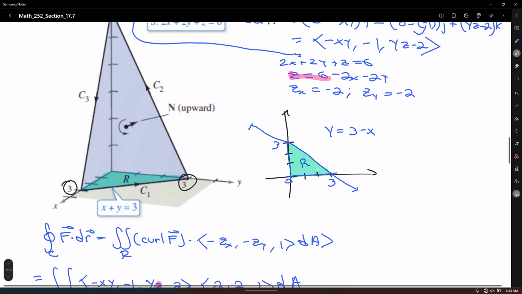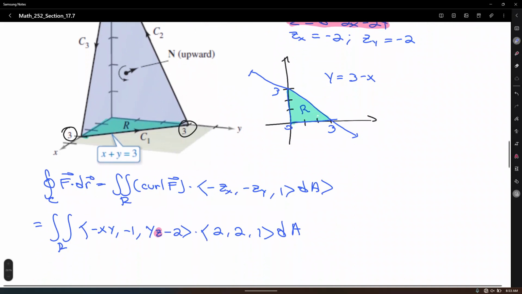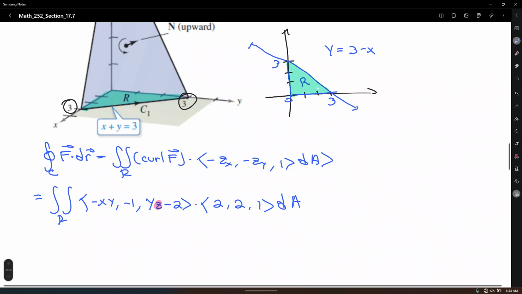How? Well, you already wrote an explicit function for z in terms of x and y. So let's substitute that there. Am I going to have enough space? No, I don't think so.